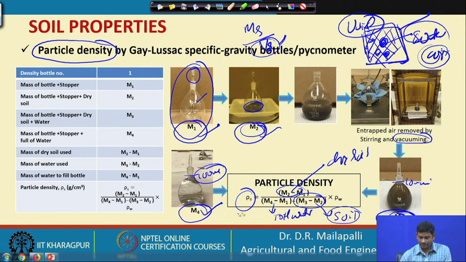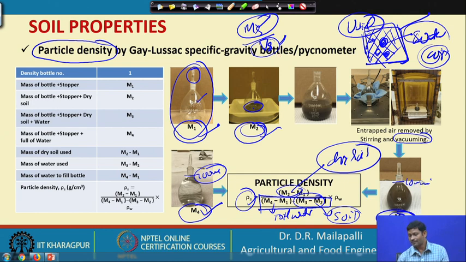So, rho s is for the dry soil, that is Ms, and the difference you are seeing gives the volume of water equivalent to the dry soil. Here we have taken the voids out, so there is no chance of air gaps in the measurement, otherwise that would be equal to your bulk density.